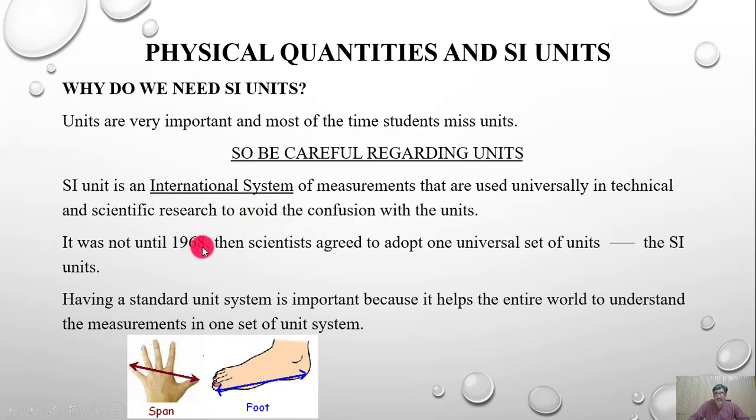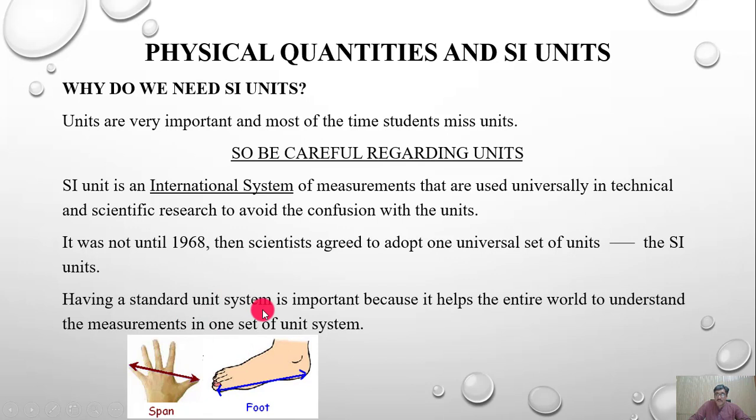It was not until 1968 that scientists agreed to adopt one universal set of units, the SI units. Before 1968, people used to measure lengths by span or by foot, so it was not a standard unit.